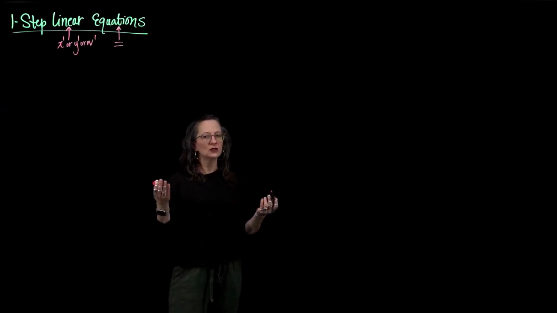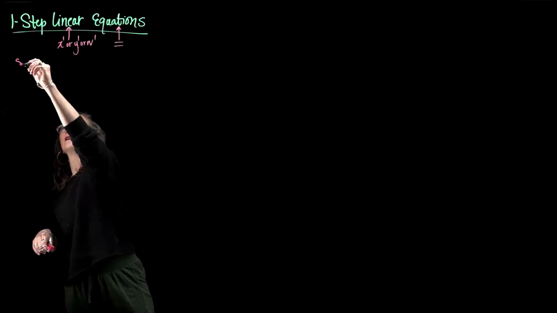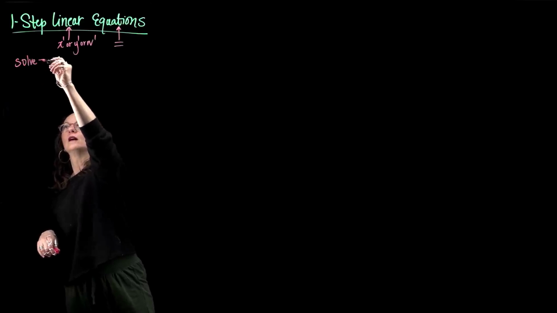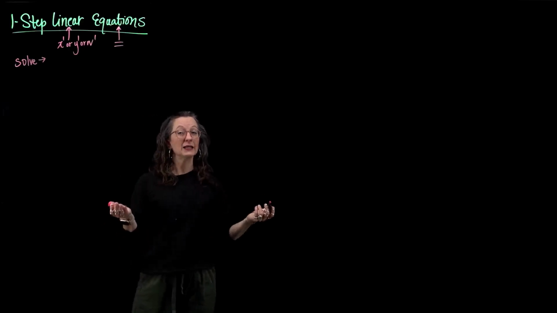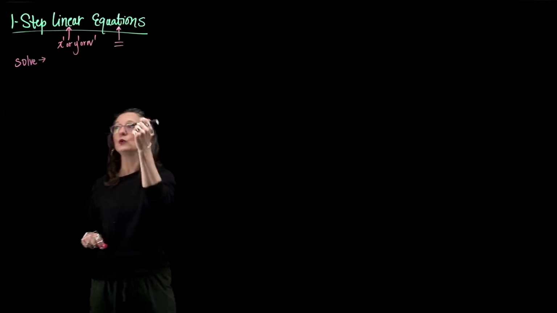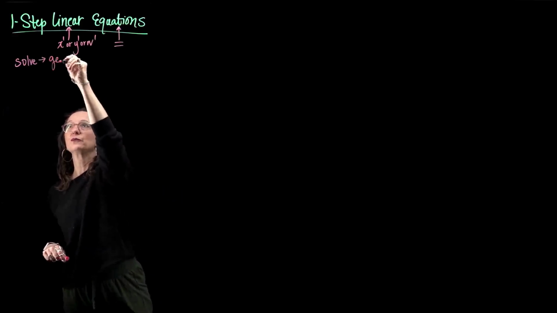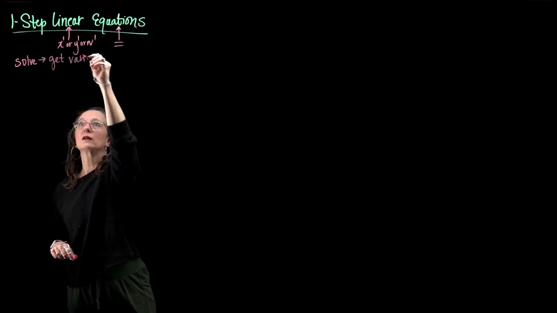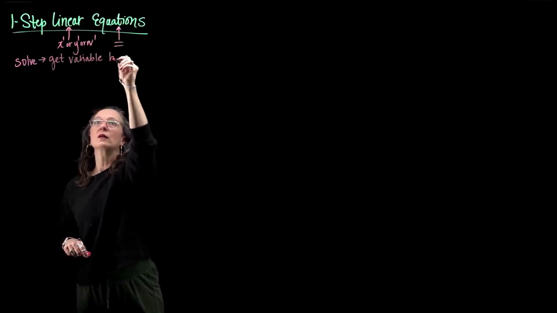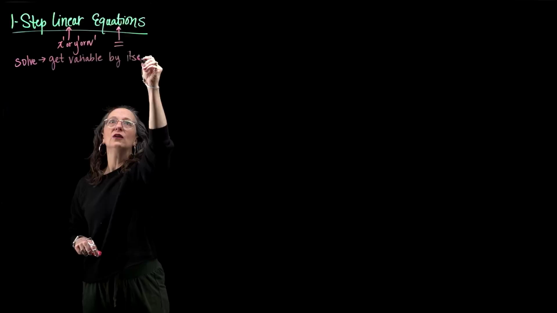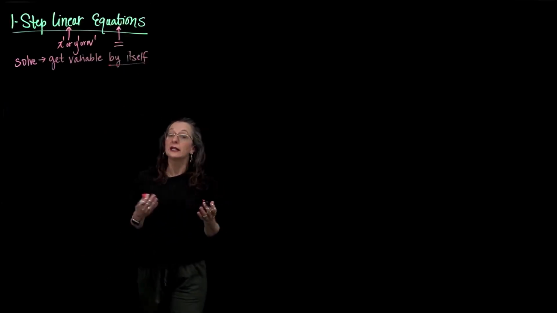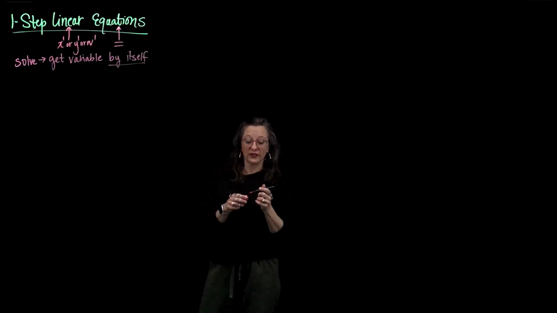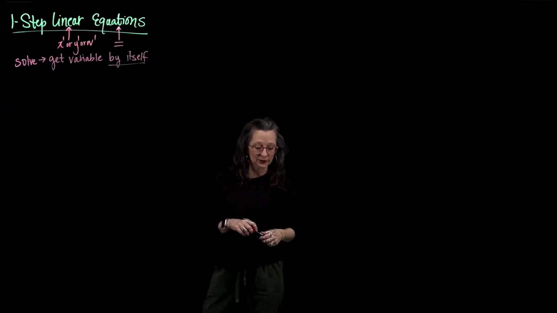And when we talk about solving, that means that we're going to get the variable by itself and equal to some value. And that by itself, that's the most important part, and that's what we're going to work on solving a linear equation.